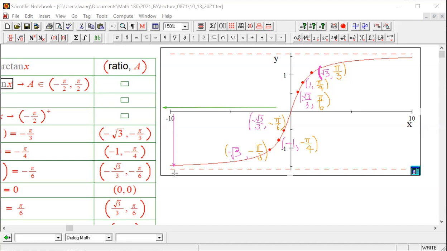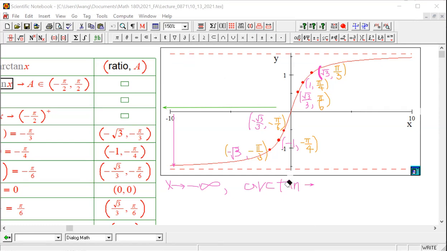When the ratio approaches negative infinity, arctan of x approaches, look at that, it's so ugly.